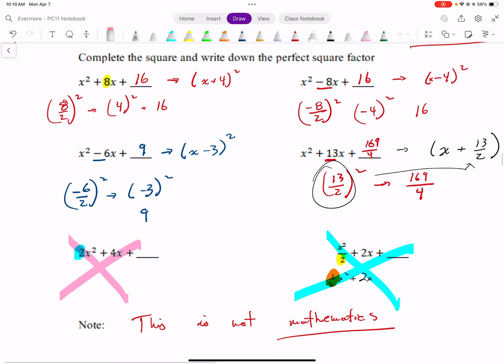These two examples, I want to say, stop. If your coefficient in front of your x squared is not 1, then you have to make other changes to your equation. But let's get on to the serious business of completing the square.